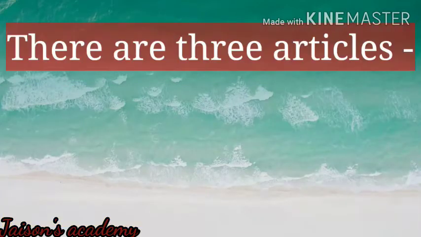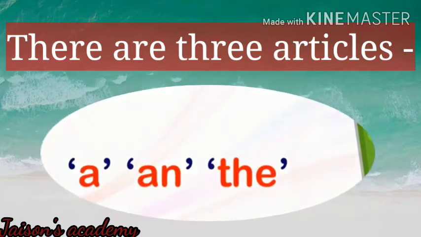There are 3 articles. How many articles are there? There are 3 articles. These words, a, an and the, used to point out a noun, are called articles.